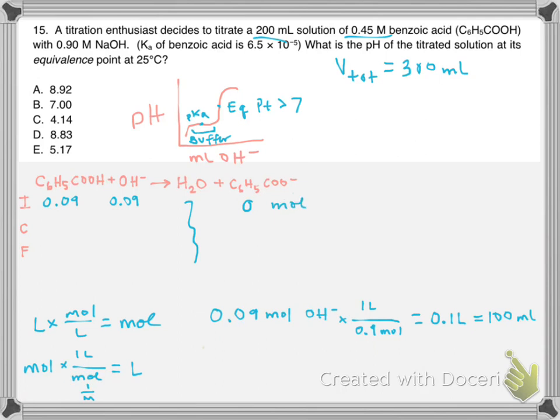Now when we look at our reagents to figure out what is limiting, we have equal amounts of both, so they're both going to be limiting. Both are going to get totally used up. Gone. And we'll make that much of this benzoate.